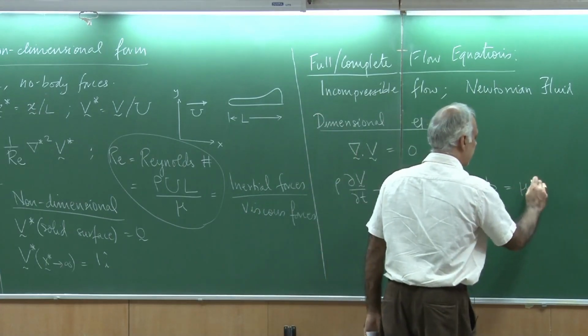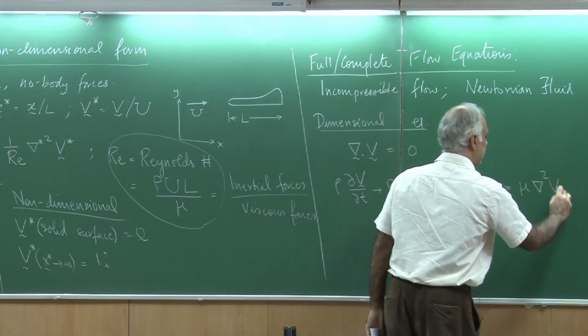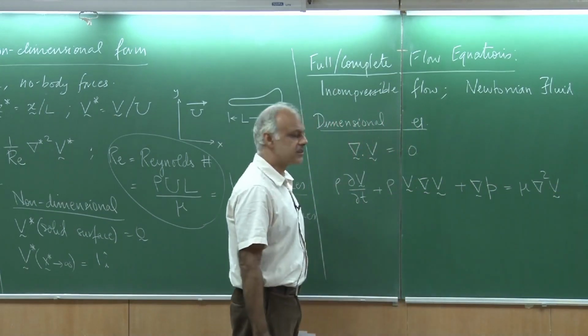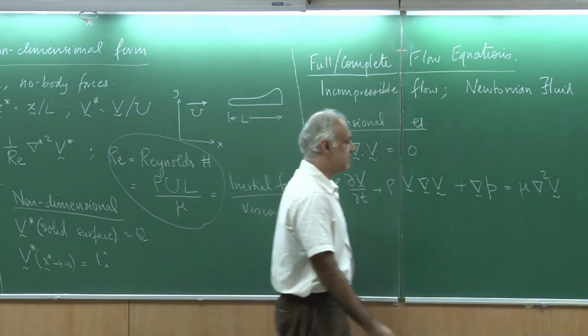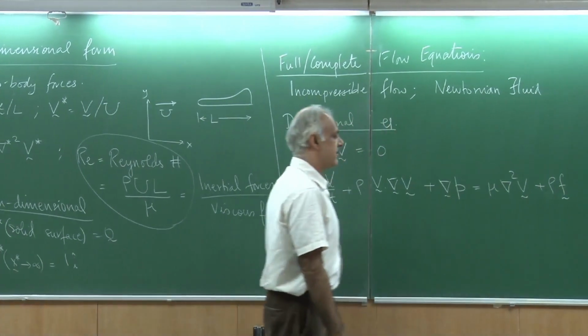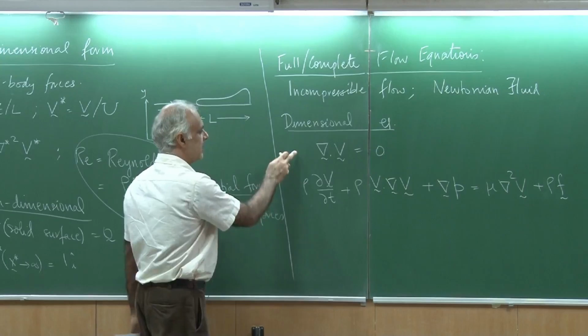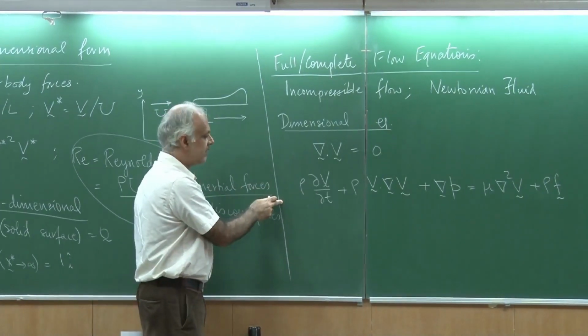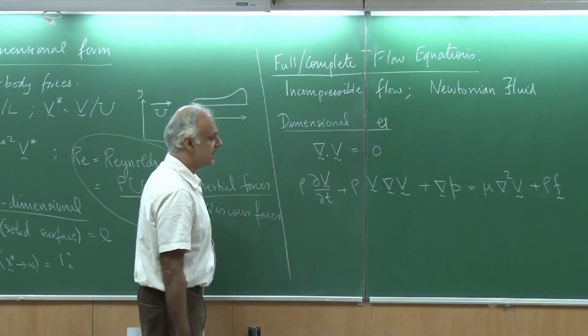This is mu times the Laplacian of velocity, so that's the viscous term, plus rho times a body force. So the continuity equation and the momentum equation, which is essentially a balance of forces.